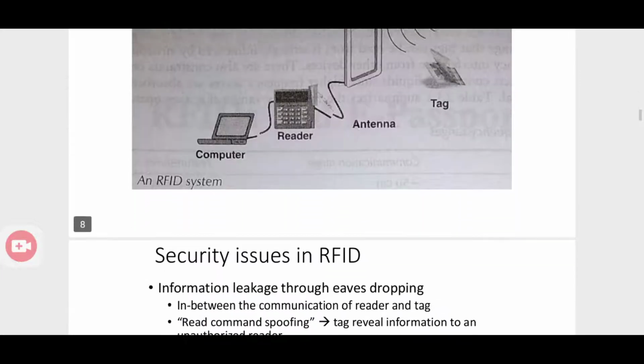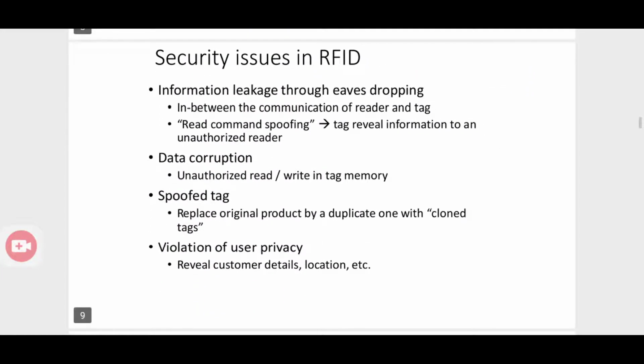Then there will be some security issues in RFID, information leakage. That is the main problem. It actually happens in between the communication of reader and tag. Sometimes an unauthorized reader is there to access the tag.